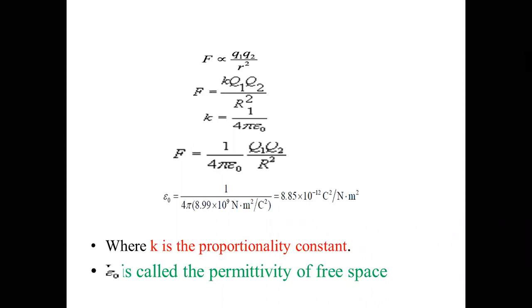Write it down. What is the value of epsilon 0? It is given as 8.85 into 10 raised to minus 12 Coulomb square divided by Newton meter square. This is the value of epsilon 0, called the permittivity of free space. All of you get it?